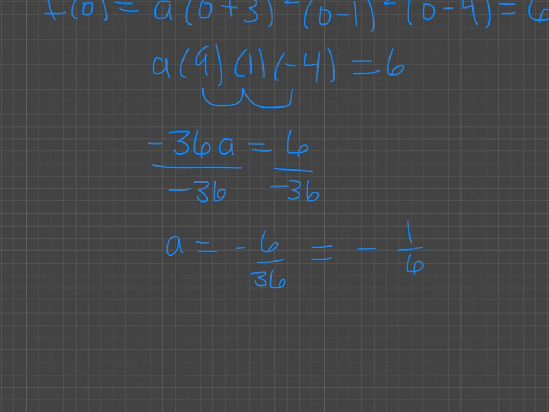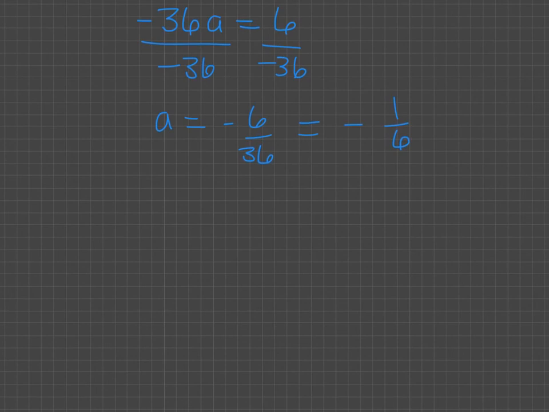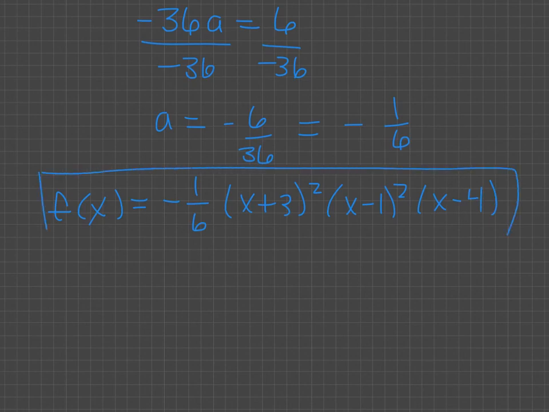Okay, we put that a back into our function, so we end up with f of x equals negative 1/6 times x plus 3 squared, x minus 1 squared, x minus 4. All right, and that is our polynomial function with those given characteristics.